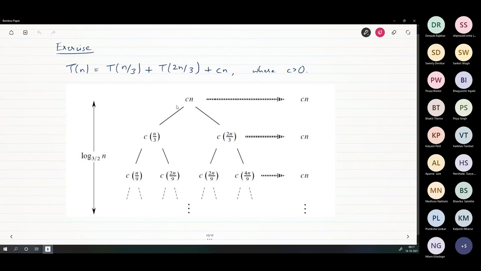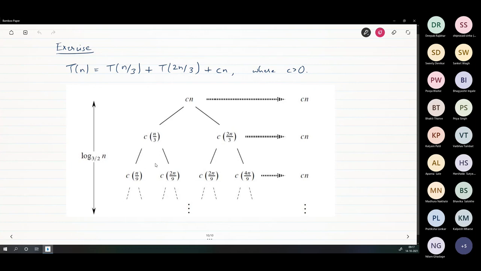But now what will the height be equal to? That is the question. Do you remember, whatever was the factor, if you had 1 by 2, you took log to the base 2. If you had 1 by 4, you took log to the base 4.